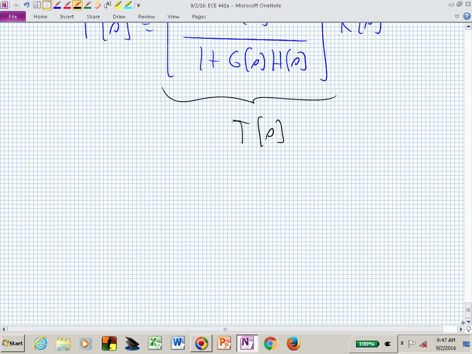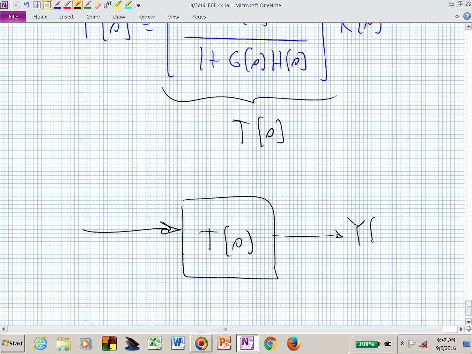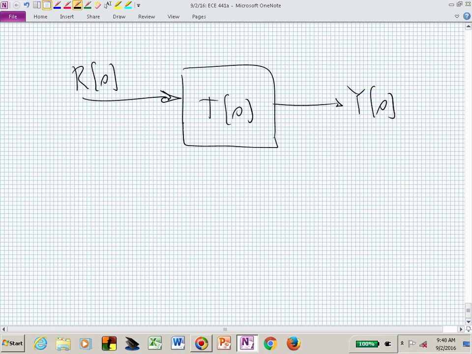In picture form, we've now collapsed that interconnected feedback structure into one block. And now what's T of S? That's our second cheer. T of S is G over 1 plus GH.